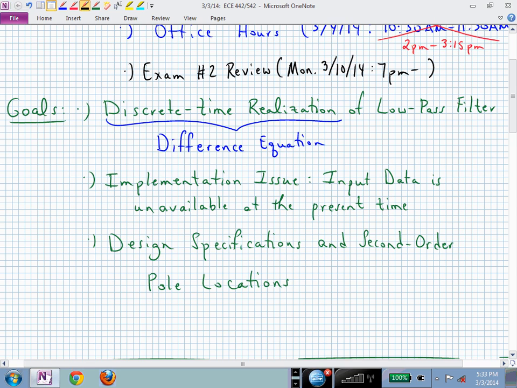And that's what I'm trying to get into with design specifications and second order poles, meaning we probably are going to establish our design specs based on just a second order system, and then all the other poles will be faster than that. That means they will be closer to z equals 0. That's really, really fast in the z-plane.